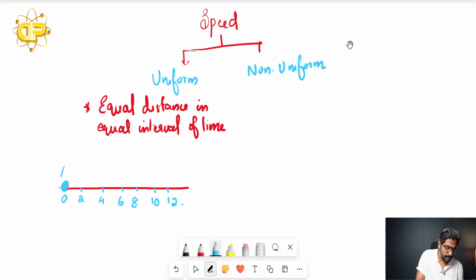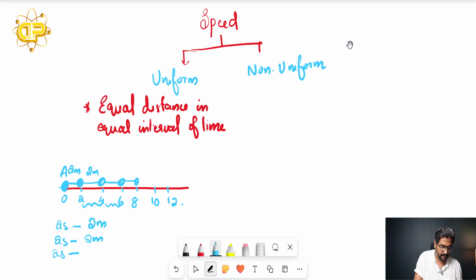If this particular object is covering equal displacement in equal intervals of time, that is, in the first 2 seconds it moves 2 meters, the next 2 seconds, that is 2 to 4, it moves 2 meters, and then again in the next 2 seconds it moves 2 meters, then we can say that in equal intervals of time the body is covering equal distance. Then we can say it is uniform speed. And one more thing you need to keep in mind is that the intervals can be very large or infinitesimally small.